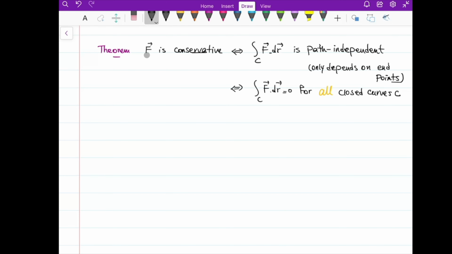And then when the vector field f is conservative, the line integral is path independent, and the integral over all closed curves C is 0.